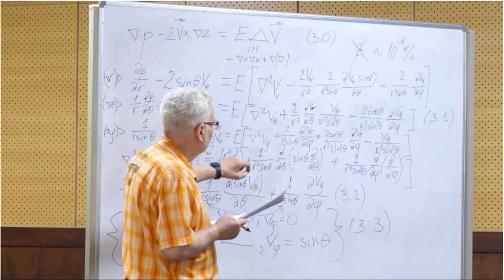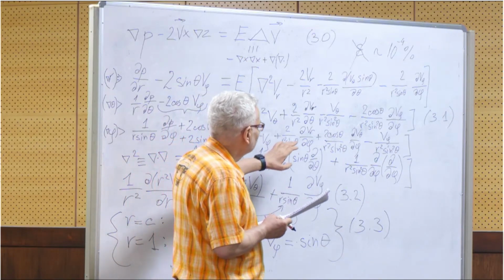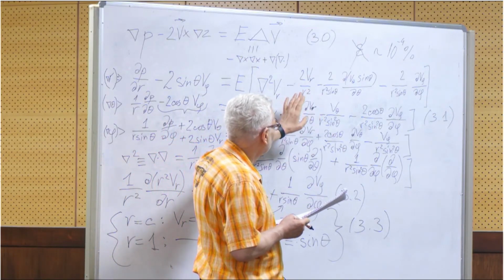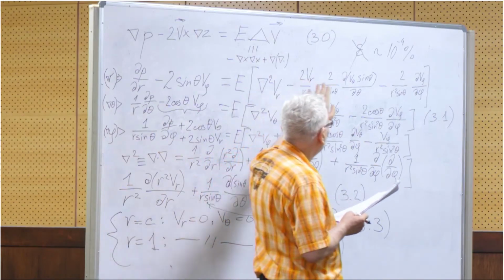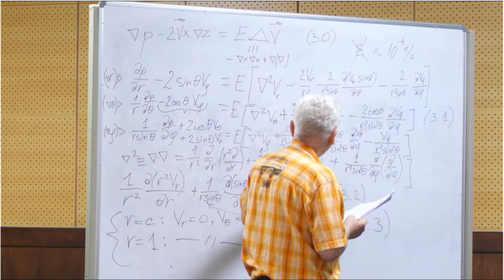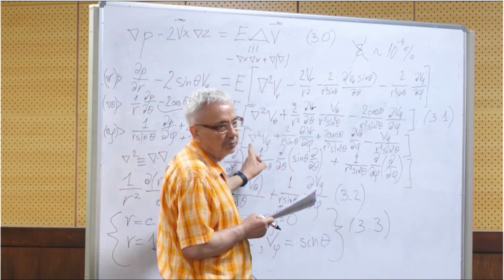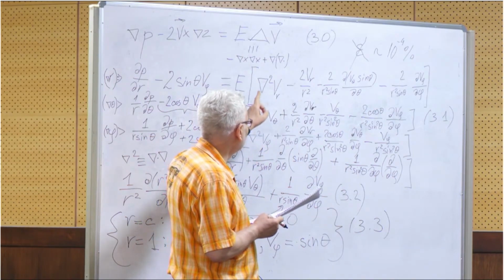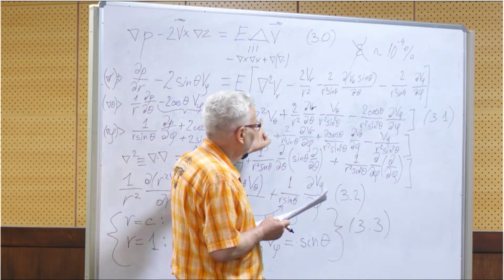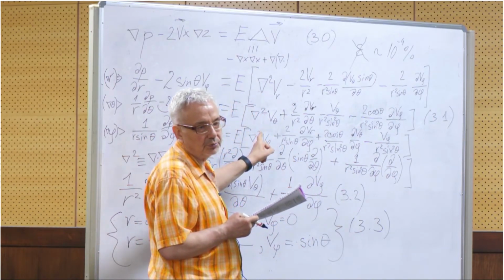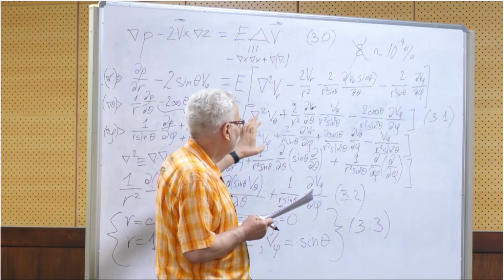You can immediately see that all these terms outside here are not so important, because this first one constitutes a second derivative, namely in the radial direction, which is important near the boundary and makes this very thin boundary layer.